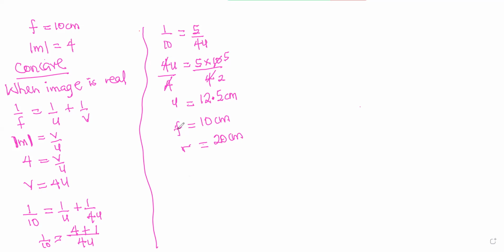So looking at the object distance, F value, and R, what do you think will be the position of the object on the principal axis? Behind the focal point, or between the focal point and the center of curvature. Center of curvature. Exactly. Okay.